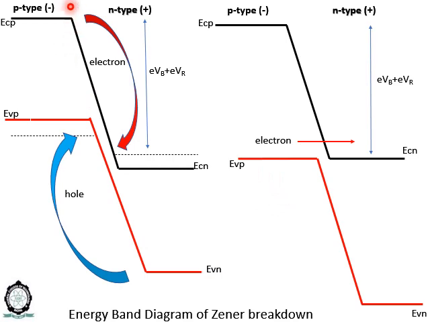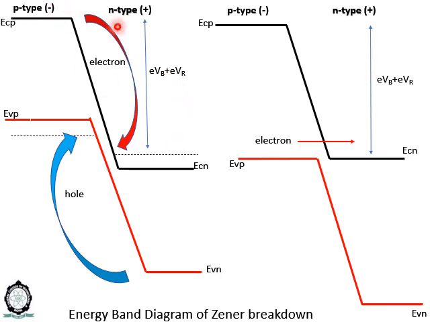When we apply a reverse voltage, the distance between the conduction bands of p type and n type increases, by the applied energy, eV_R. In such a condition, the movement of majority carriers is stopped.